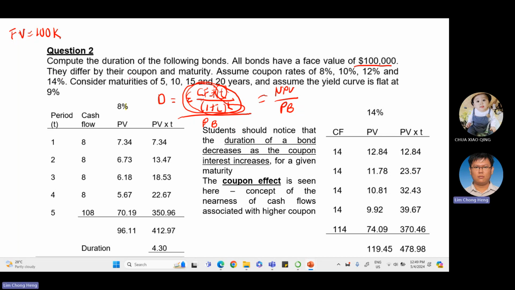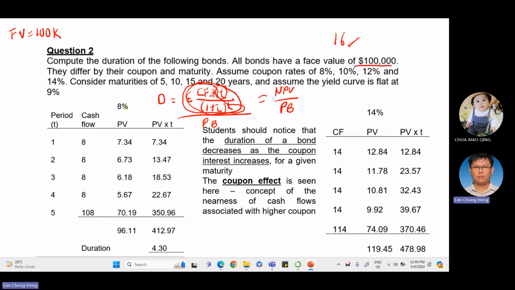They have different coupons and maturity dates. Assume the coupon rate is 8%, 10%, 12%. Consider 5 years, 10 years, 15 years, and 20 years bonds. And then the yield curve is 9%. This means this assignment requires you to do 16 calculations.